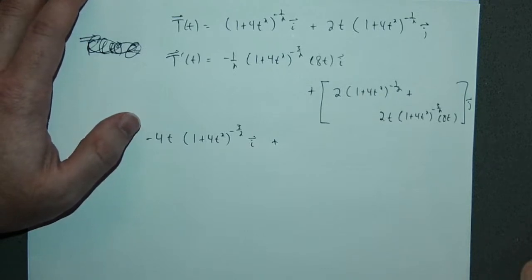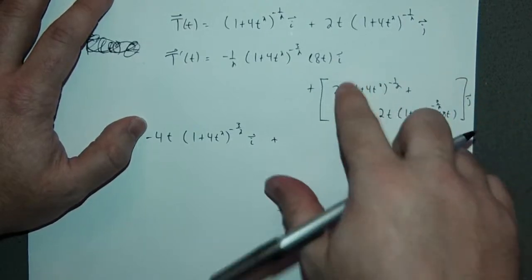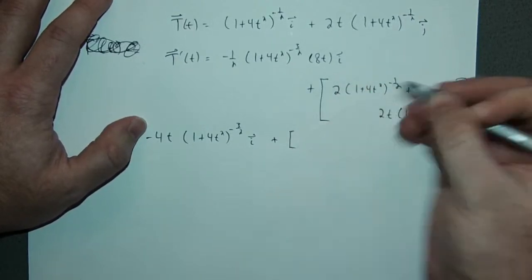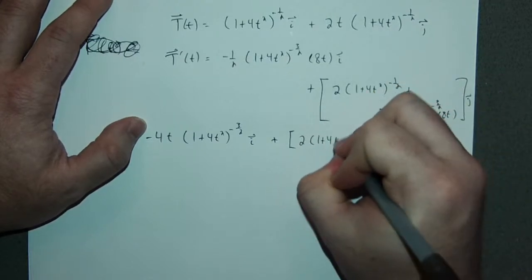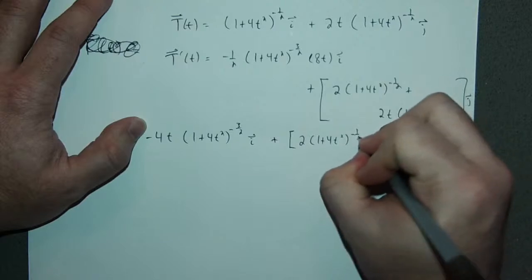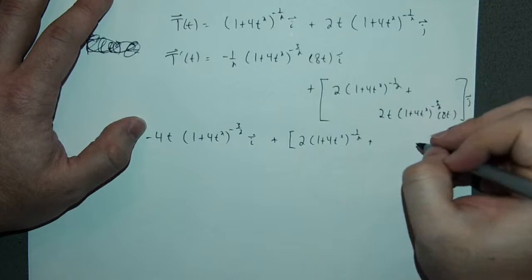And in order to make this work, I'm going to straight up rewrite this, and then I'm going to show you what to do here. So this is 2 times 1 plus 4t squared to, I'm just rewriting this. I'm not doing anything else. Well, I'll combine these two. Plus 16.